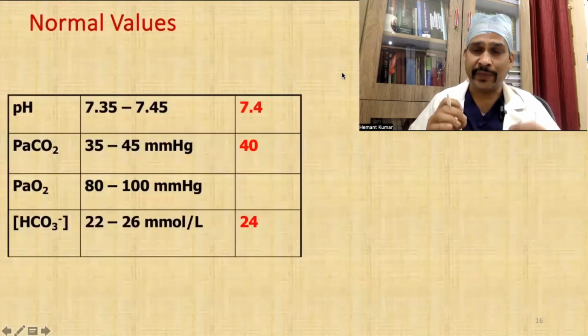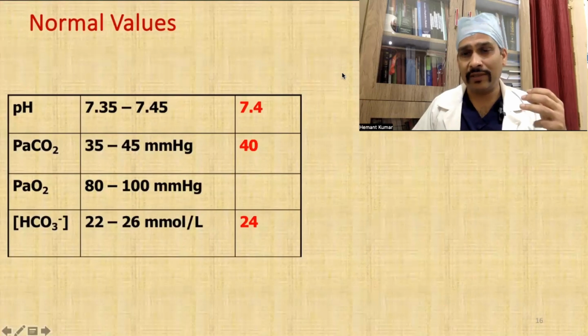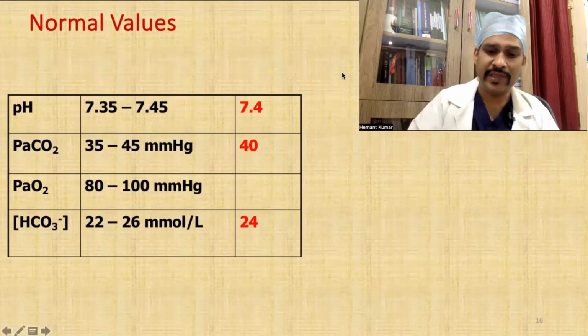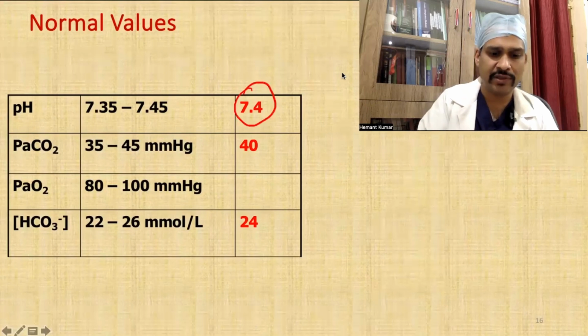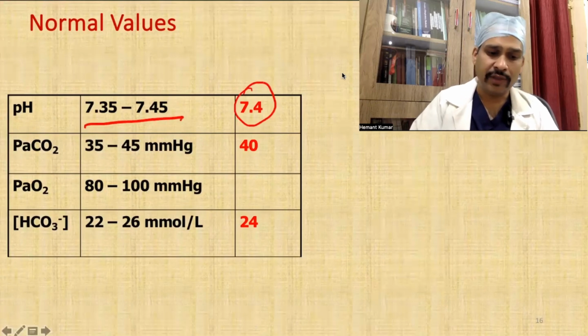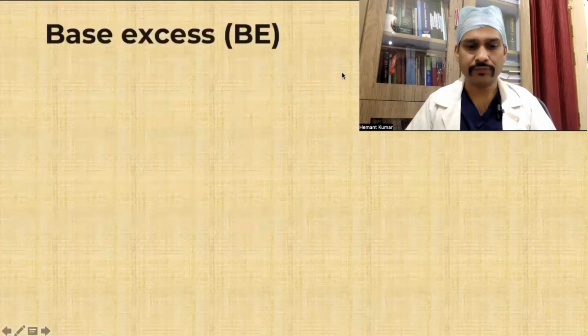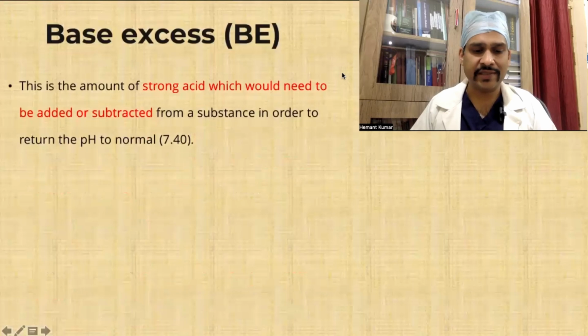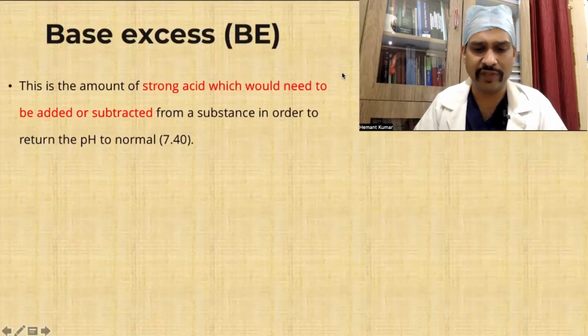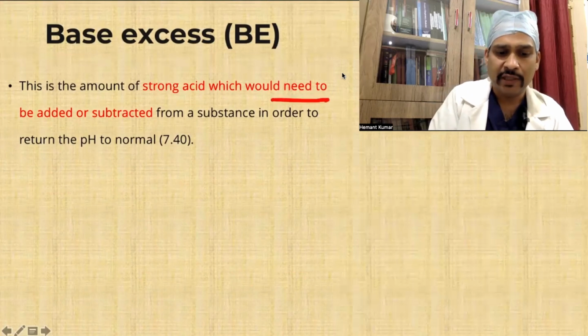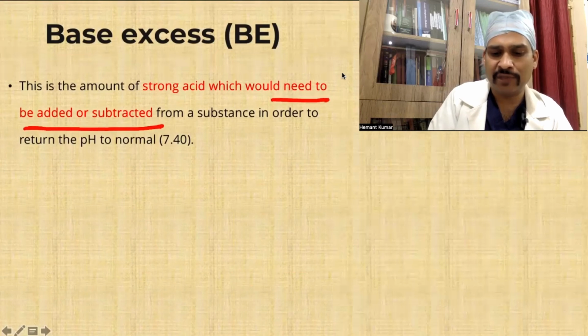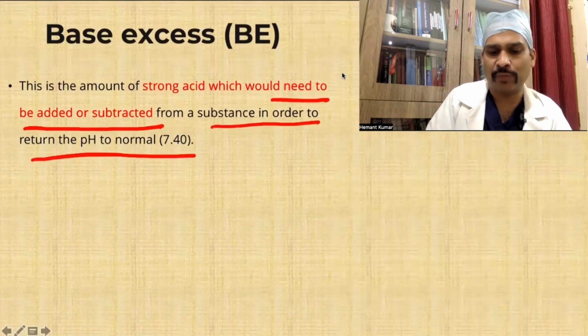While interpreting ABG, we have to remember three values: pH 7.4, PCO2 40, and bicarb 24 as normal values. So what is base excess? It is there in your ABG, not very useful, but it is the strong acid which would need to be added or subtracted in order to return the pH to normal.